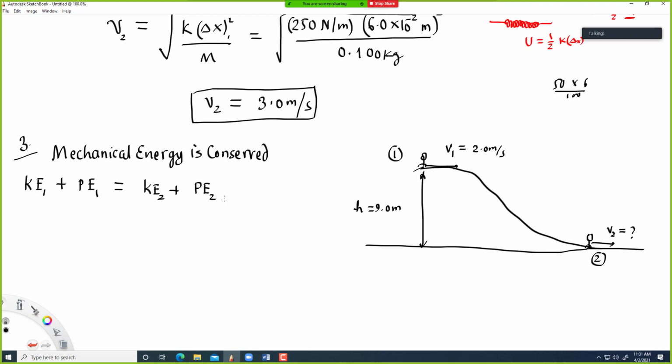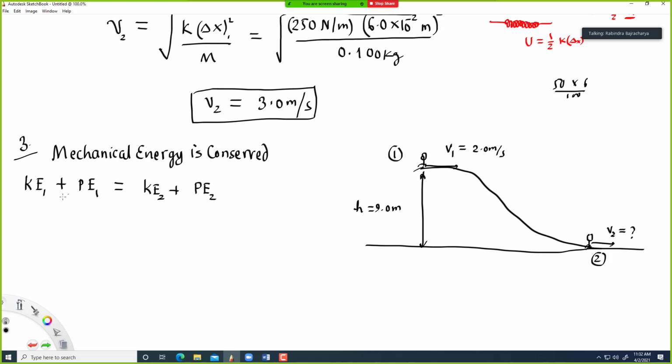Okay, so let's write down the formula for kinetic energy and potential energy.